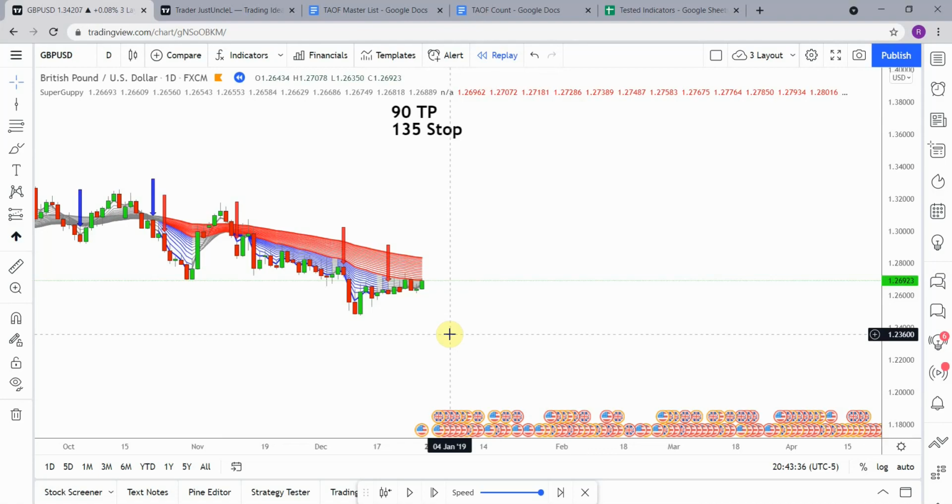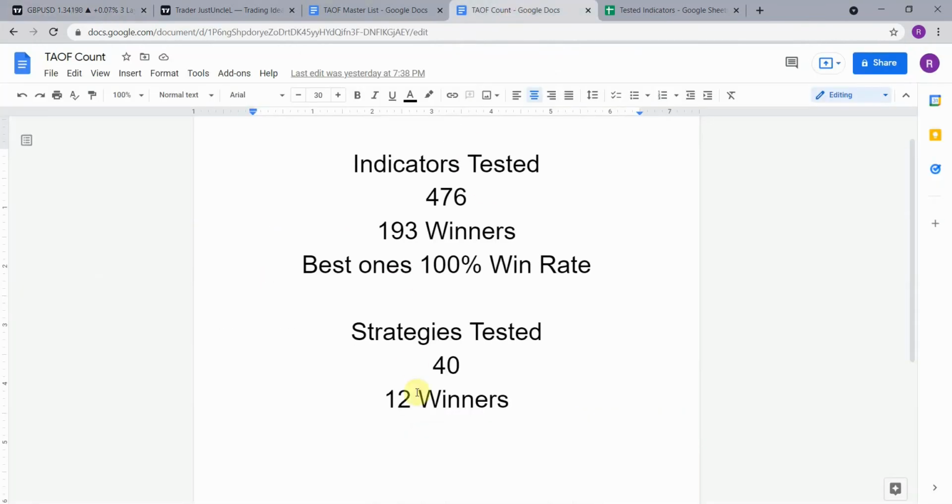Alright, as I said, today we will be testing the Super Guppy indicator. Before we do though, I wanted to put the testing scoreboard up for everyone to see. So to date, we have tested a total of 40 different strategies, with 12 of them being winners. We have also tested a total of 476 indicators, with 193 of them being winners.